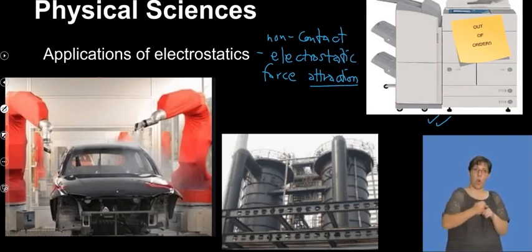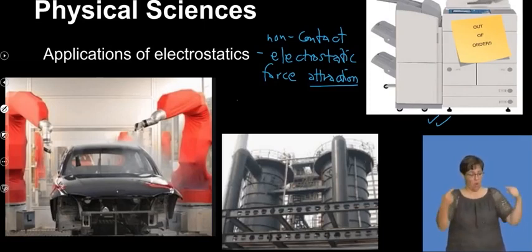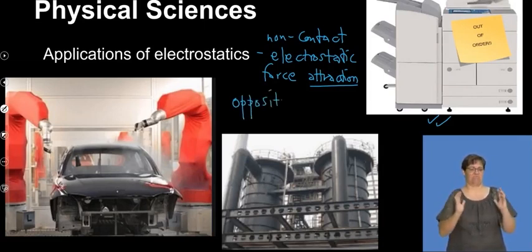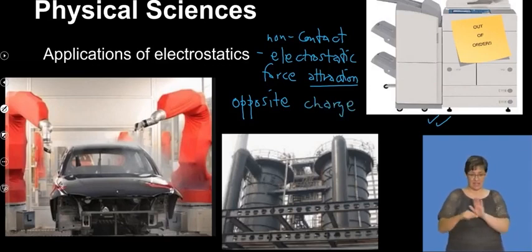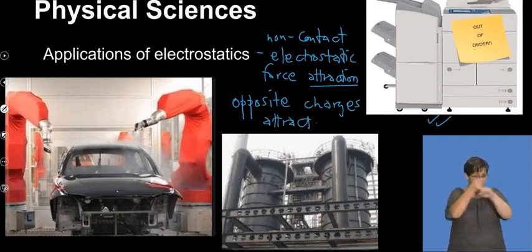So when that happens, we are still applying the same principle that opposite charges attract each other, okay? While like charges repel. So opposite charges exert a force of attraction. So that's the main idea.